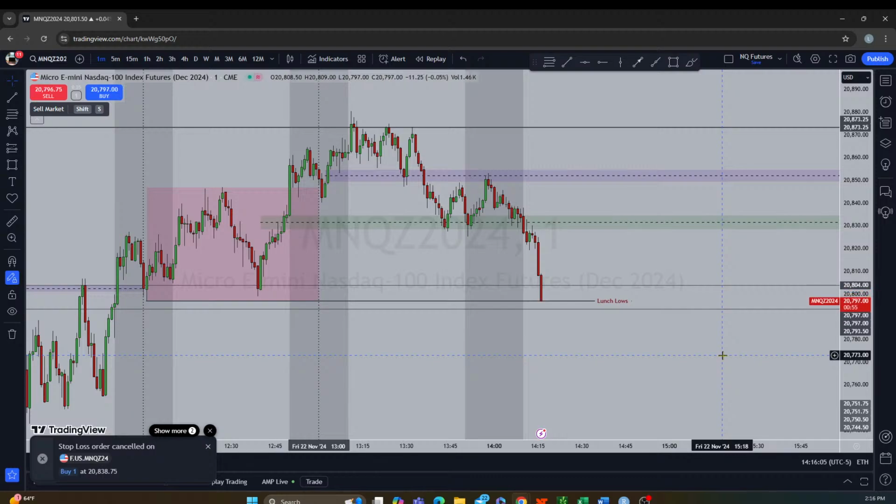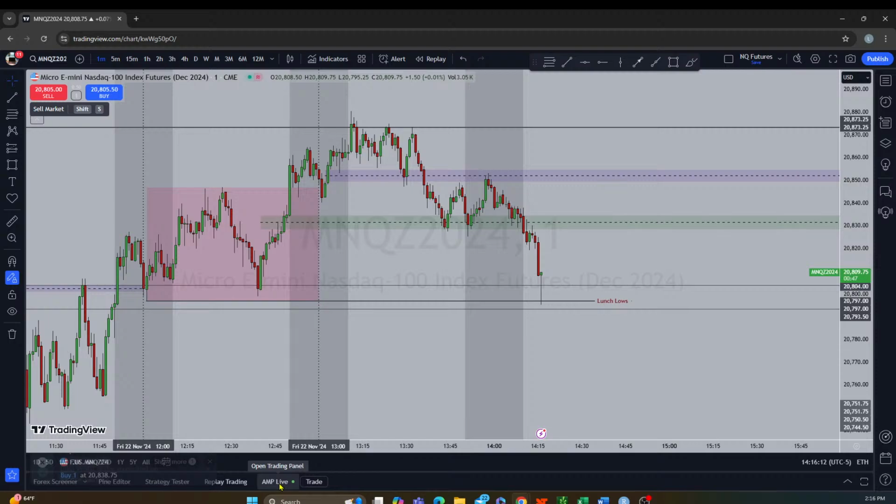That's how a trade was done. Lunch liquidity is taken. Okay. AMP live, you saw it, use a live account. And look at the rejection of the lunch lows, just like I said it would.